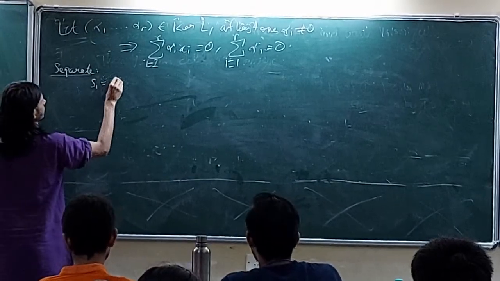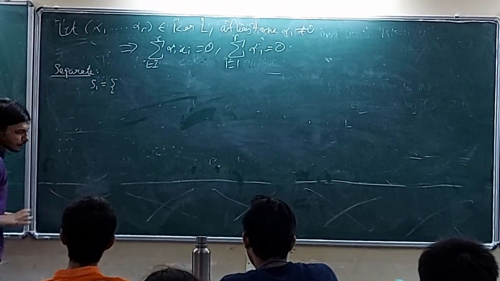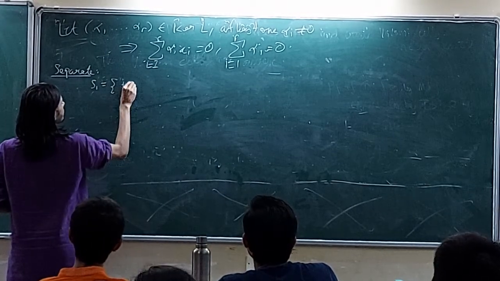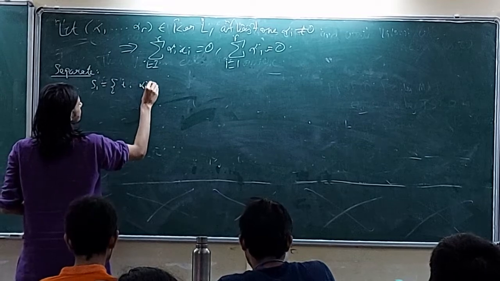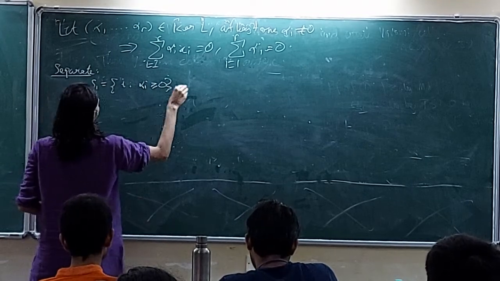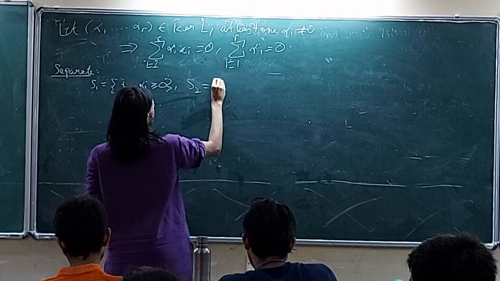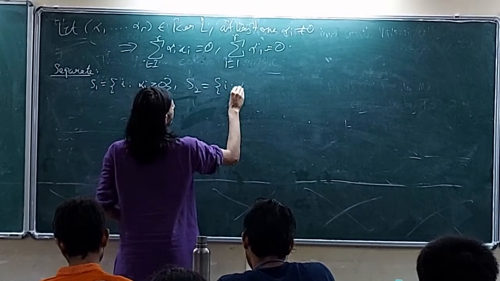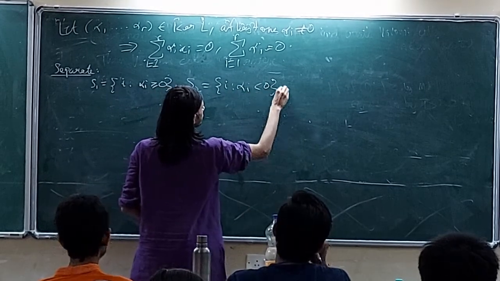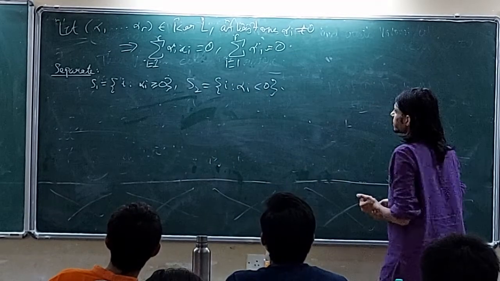Let S1 be the set of all i's such that alpha i is greater than or equal to 0, and let S2 be the set of all i's such that alpha i is less than 0. So now we have done this separation.